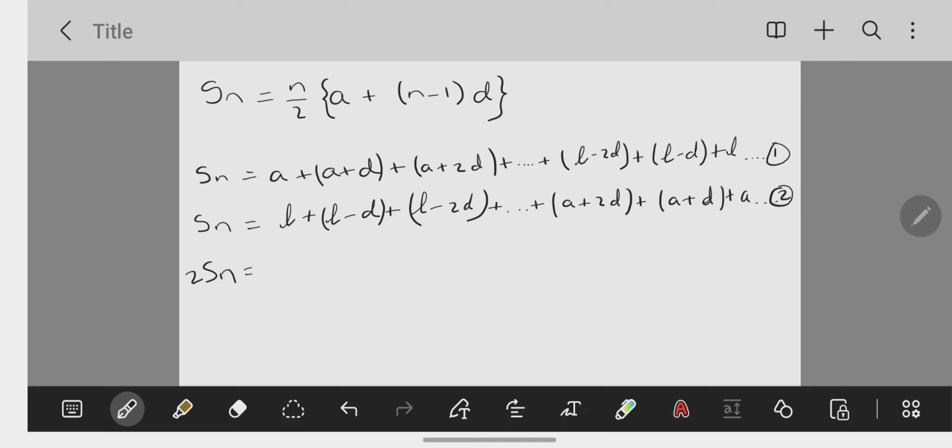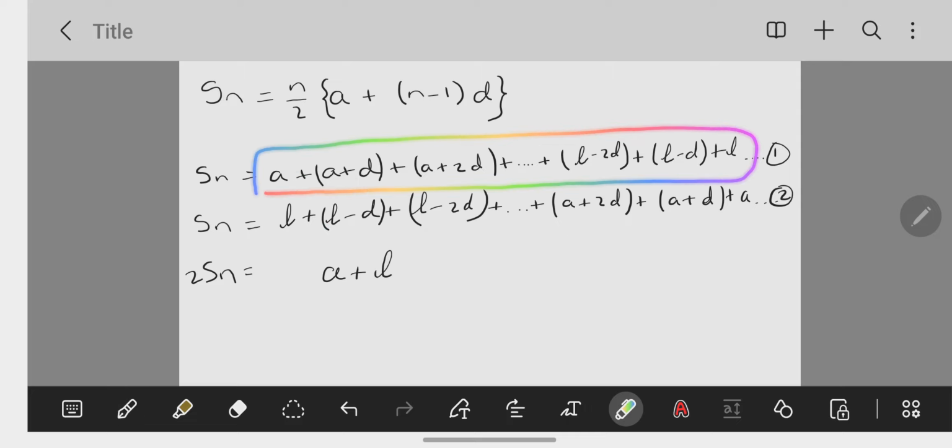But how many a plus L's do I have? Now, what I need to remember is when I made this general series here, I did not pick a specific number of terms that I'm trying to sum up.